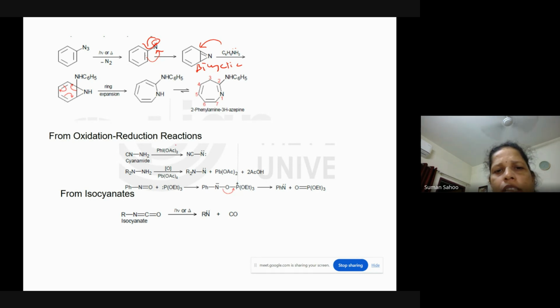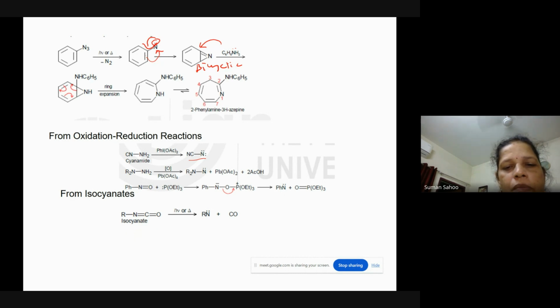Also from your oxidation reduction reaction, as we have done in case of free radicals, you can get nitrenes from isocyanates. The isocyanate is also an intermediate, which we generate in our reactions mostly. I think you might have seen it in your Hofmann bromamide degradation, which we will also do later on.